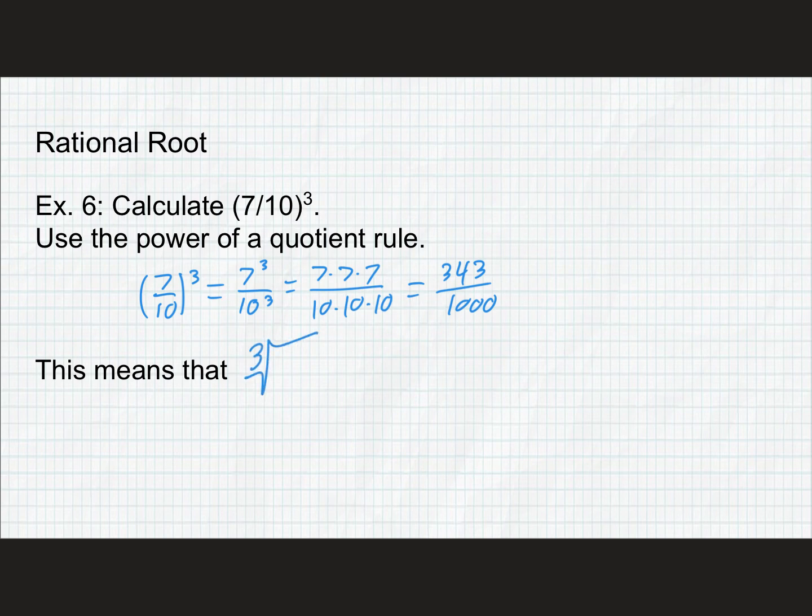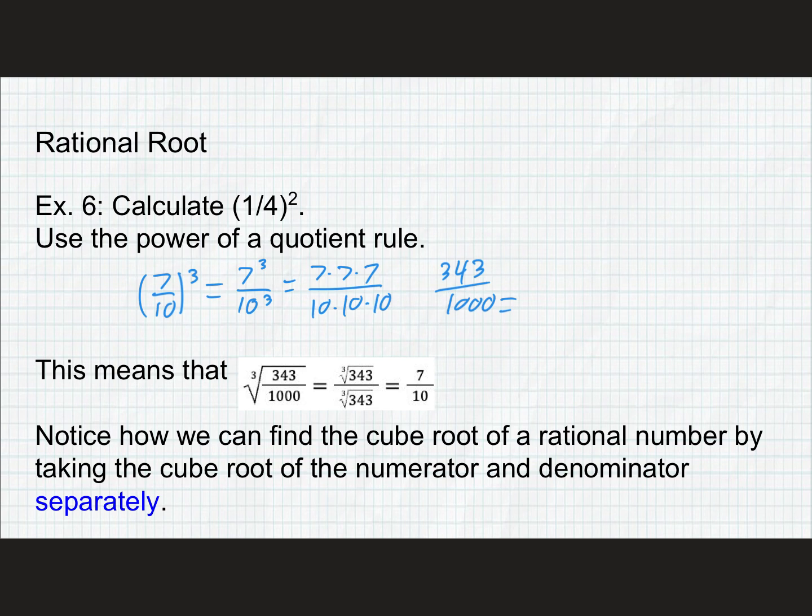This means that the cube root of the fraction 343 over 1,000 is the same thing as the cube root of 343 over the cube root of 1,000, or 7 over 10. Notice how we can find the cube root of a rational number by taking the cube root of the numerator and denominator separately, just like we did for square roots.